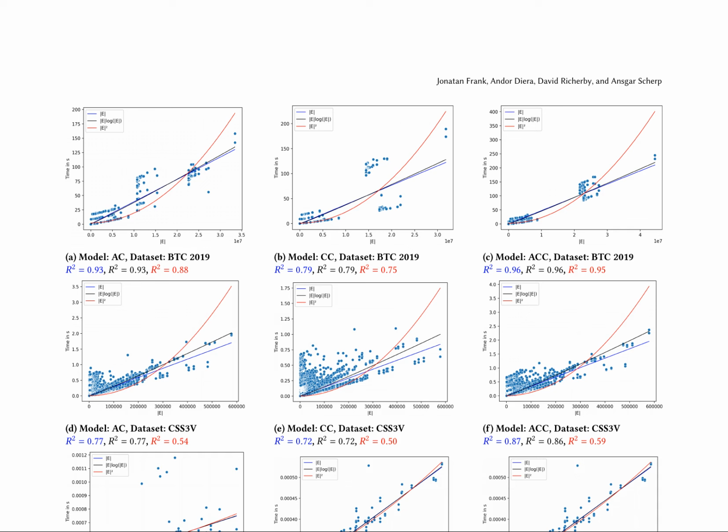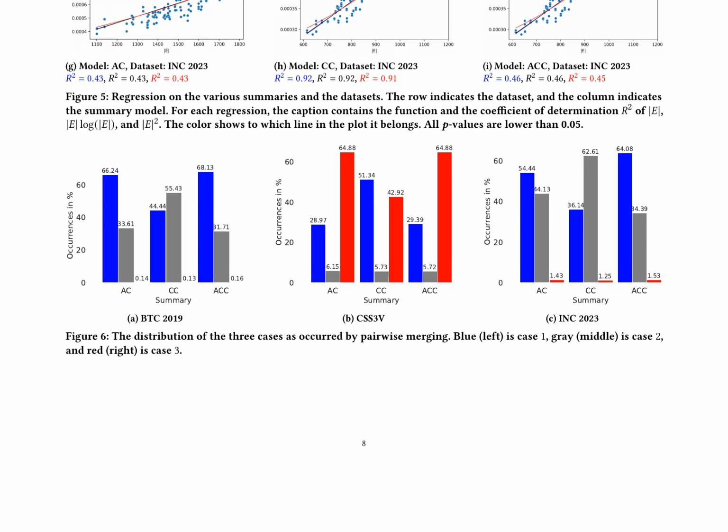The results, presented in Figure 5, show that the ACC model generally outperforms the AC and CC models across all datasets, with higher R² values. This suggests that the ACC model better explains the variability in the dependent variable.